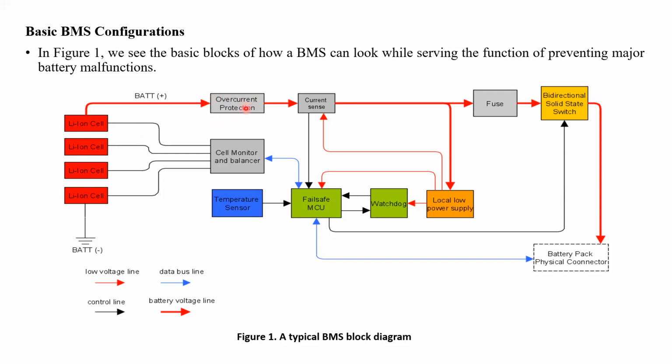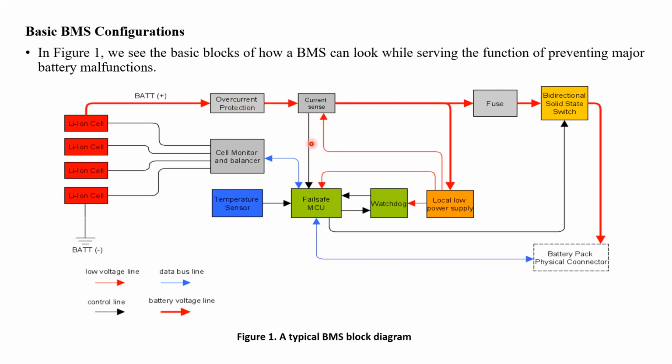At the same time, the battery management system should monitor the overcurrent. If the current exceeds some value, the temperature increases and there is a chance to damage the battery.